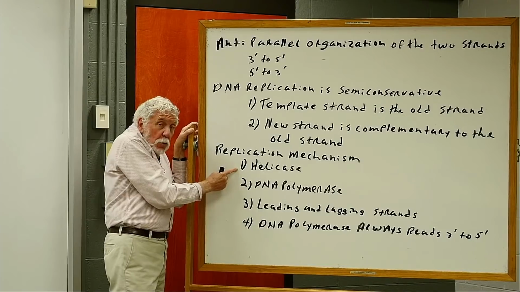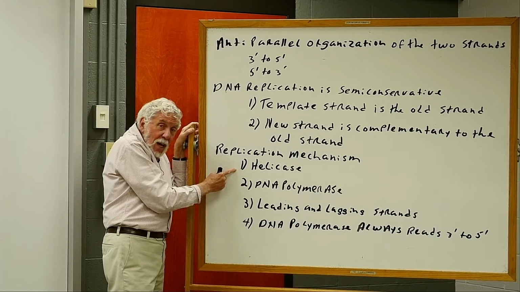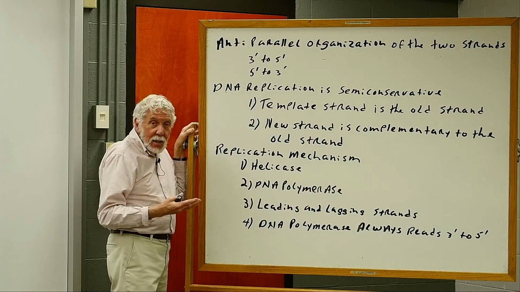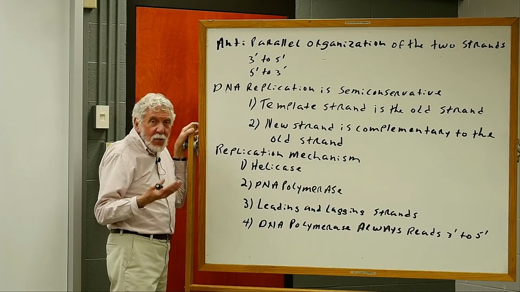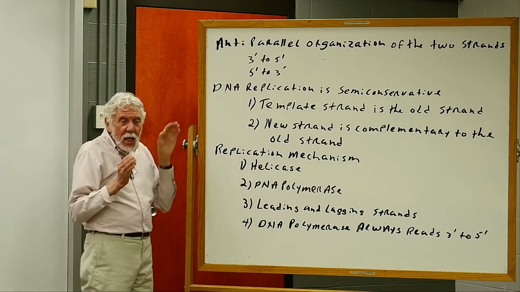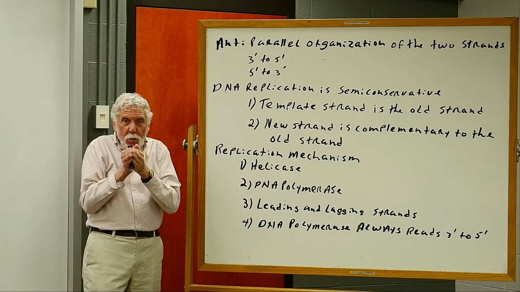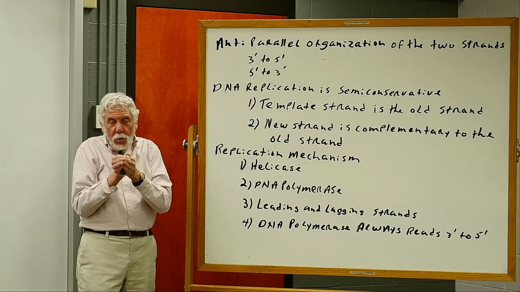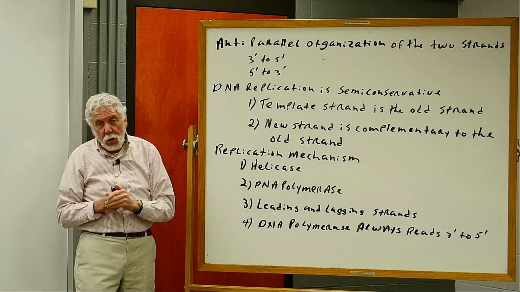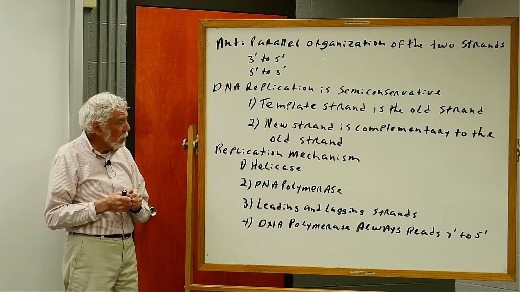So the first thing we have to do to begin replicating the molecule is unwind the helix. We use a particular enzyme called a helicase. I'll show this helicase as a kind of wedge, and it's useful, I think, because we can imagine that wedge getting in between the hydrogen bonding, between the purines and pyrimidines, and splitting those hydrogen bonds, separating the two strands.